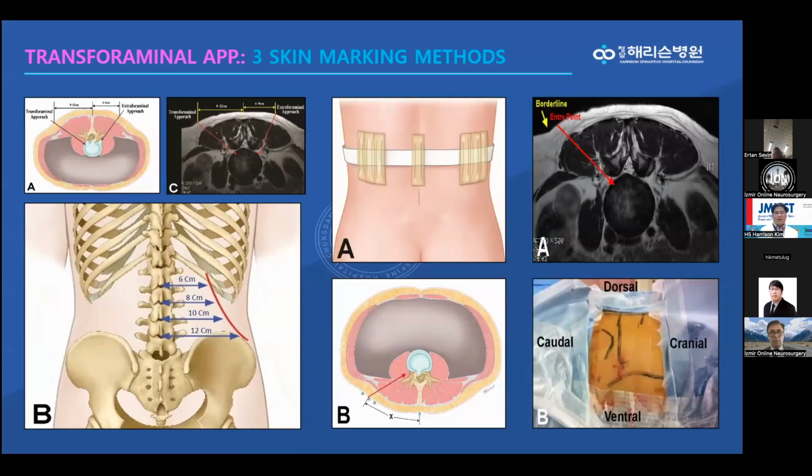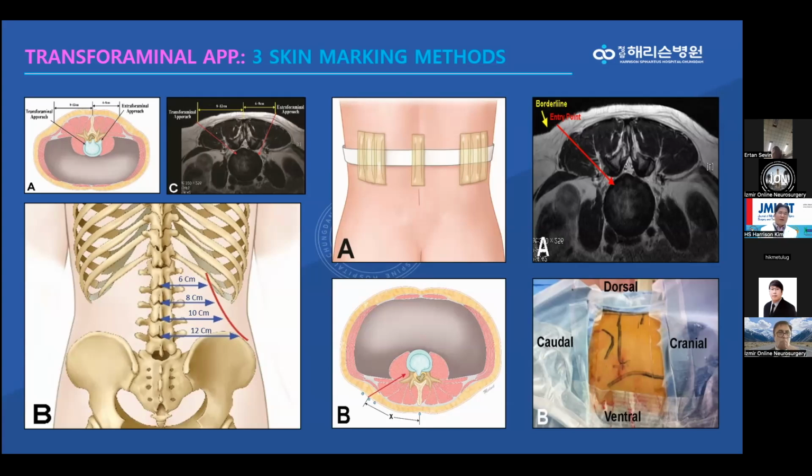Now we check the transforaminal approach. Firstly, in the transforaminal approach, the first most important point is docking into Kambin's triangle, successful docking into the target point, which depends on a sufficient insertion point.